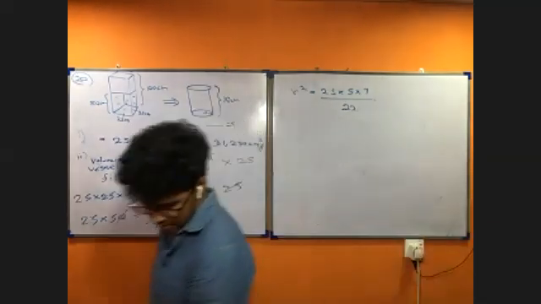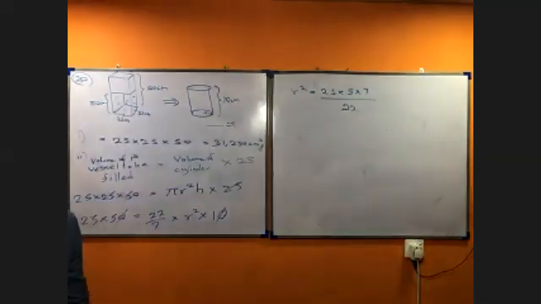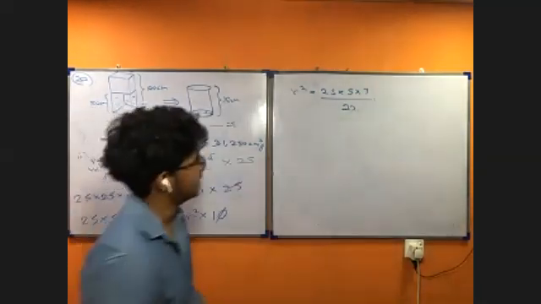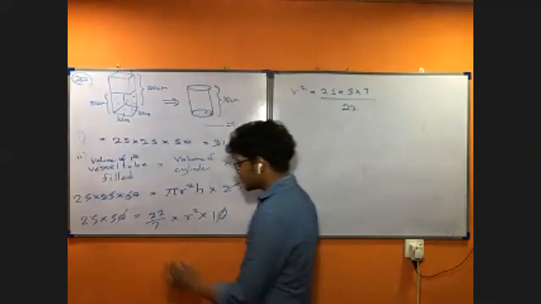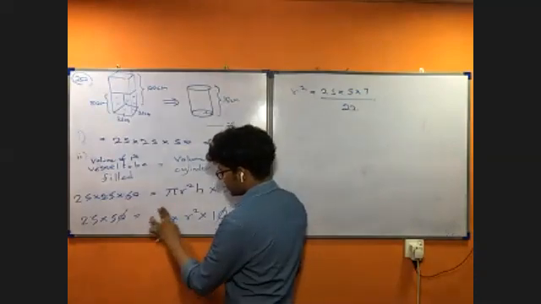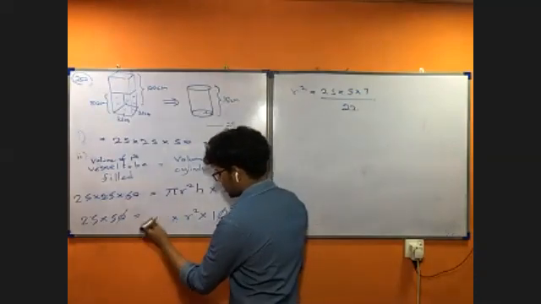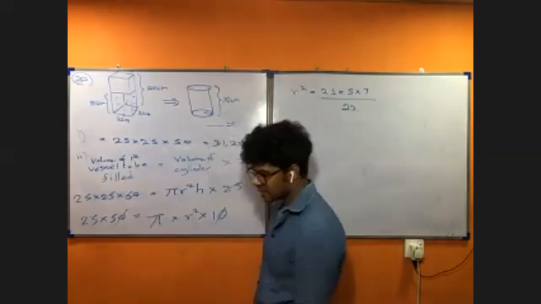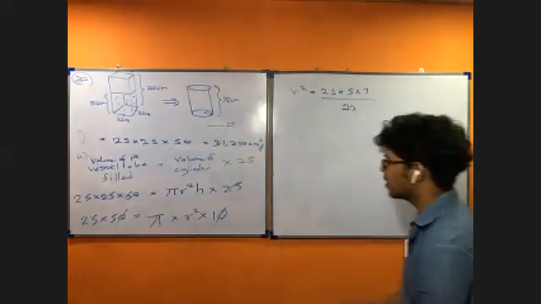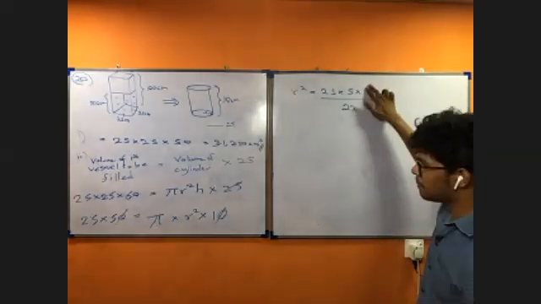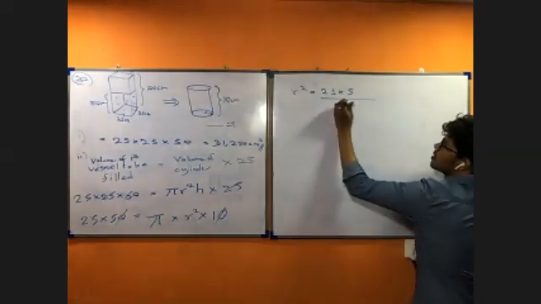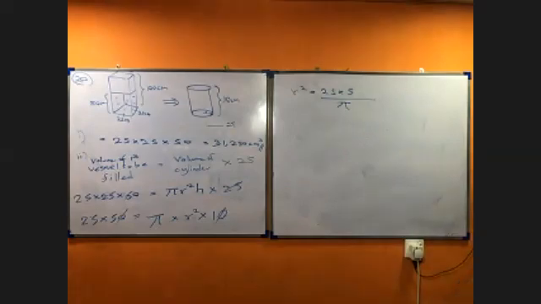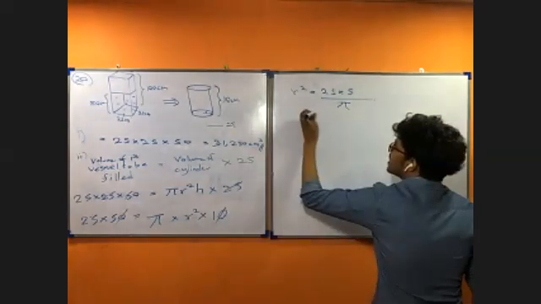Okay, what do I have to show? 5 root 5 divided by pi. In the answer there is a pi, so I will not use 22 over 7. I will use pi here, because they are asking to show the answer in terms of pi. So pi will come to the bottom.